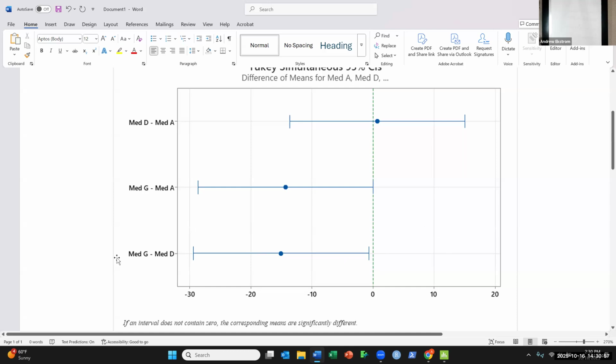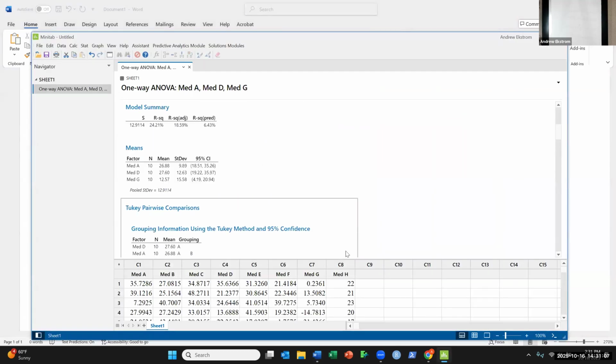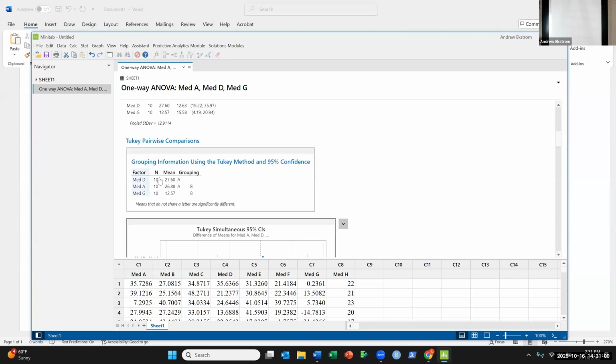So when we're looking at these, this is telling us that D and G are definitely different. Going back to Minitab, this thing right here is telling us that medication D and medication G are definitely different.